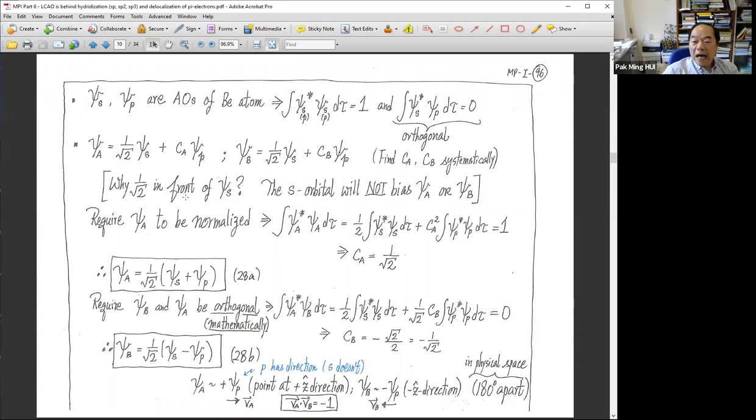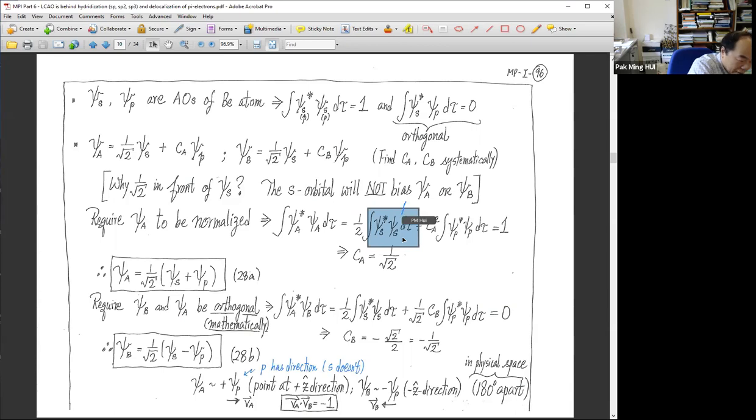Now, the hybridized state should be normalized by itself. So I know this, I don't know this, therefore, let's exercise normalization. By normalization, I have this atomic state being 1 already.